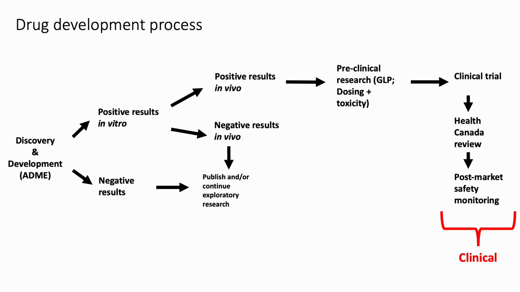So at the end of phase 1, we already have a good, well-established idea about the safe dose of the compound that we are then going to use in phase 2. In phase 2, we are going to have about 100, 200 human subjects again. We talk about clinical trials, and we are going to test the compound within the safe dose in patients who have a disease condition.